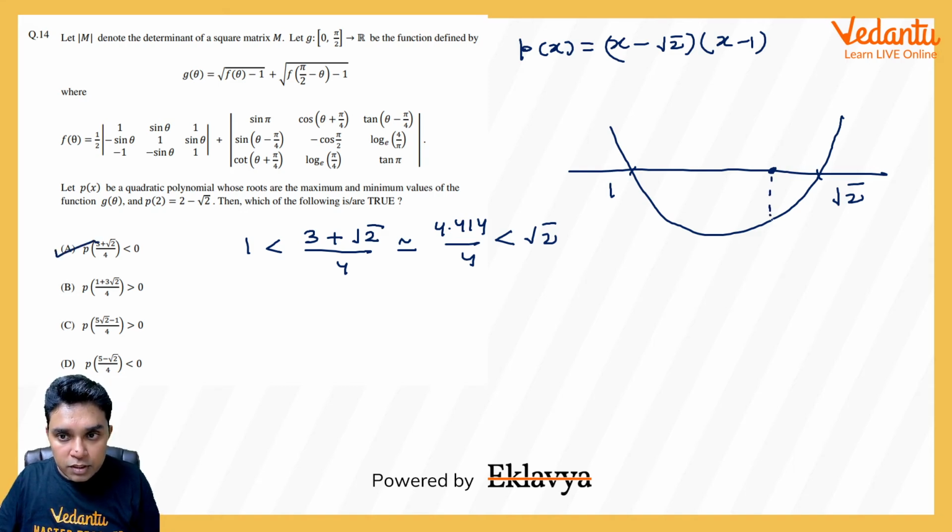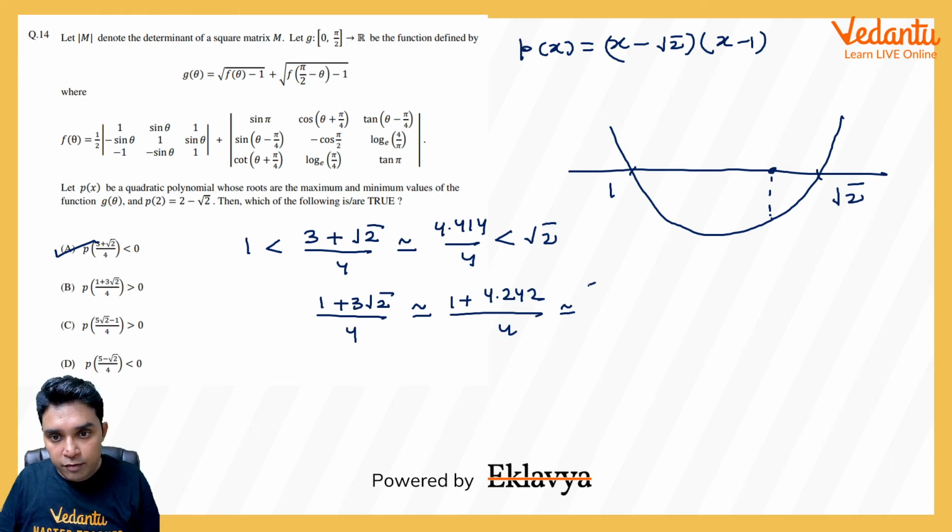Now similarly, (1 plus 3 root 2) by 4, if we have to check, this will be approximately 1 plus 3 times 1.414, which is 4.242, so 5.242 by 4.